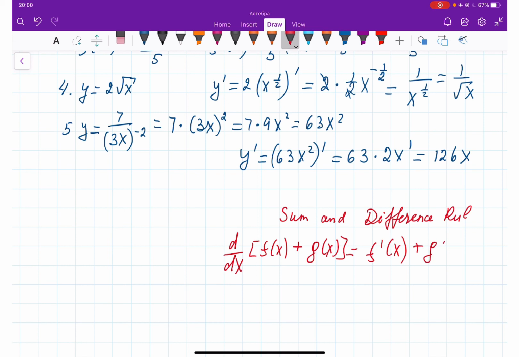And if we have subtraction, minus, here it is also going to be minus.